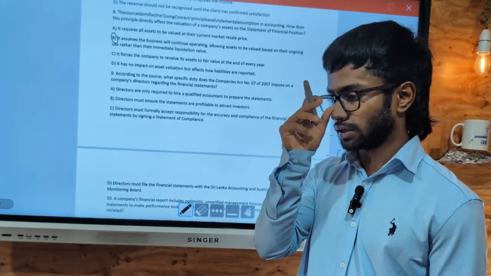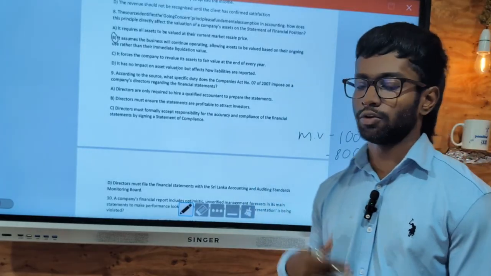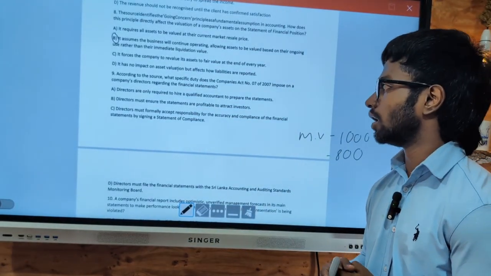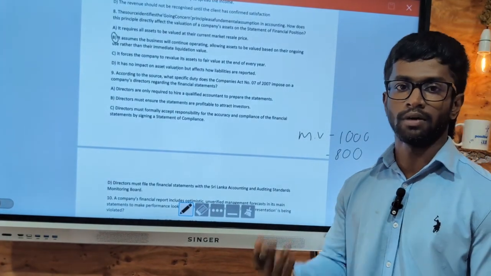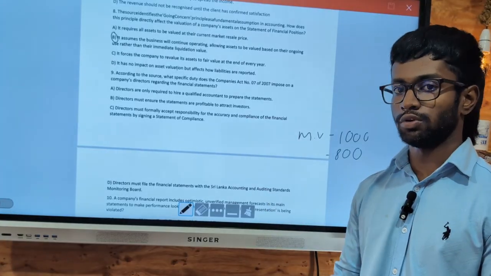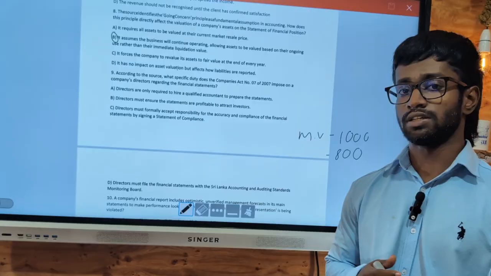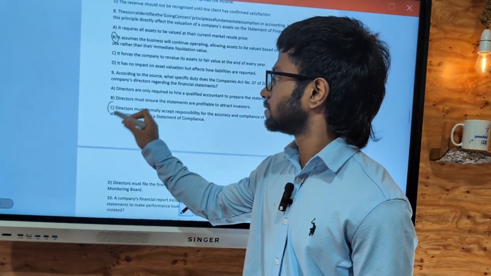When they are conducting, they have to conduct in a proper manner, in an ethical manner, by taking responsibility and ensuring that the statements that are being published are accurate and don't mislead any investors or anyone. So here it should be the answer C.